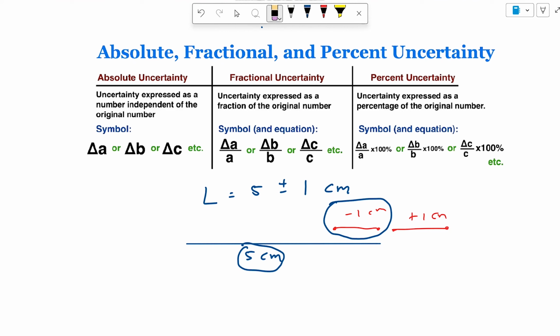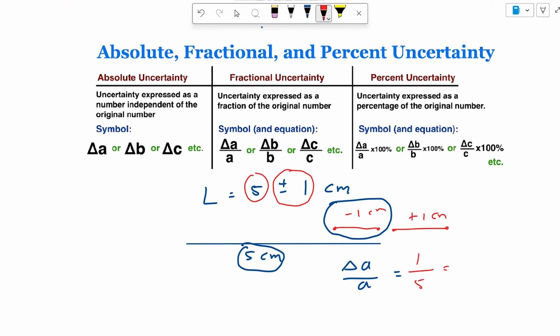So, we can find this by using the formula delta A over A, where delta A is the absolute uncertainty, which is 1, over A, which is the value or the recording, which is 5.